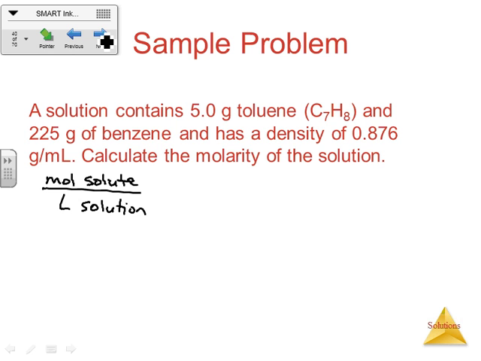So we've got actually 230 grams of the solution, right? Wow, that's my finest math moment right there. And then if we use our density here, this is 0.876 grams in 1 milliliter. That's going to give us our milliliters of solution, and then we can change that. Actually, maybe I just want to do that all in one step here.